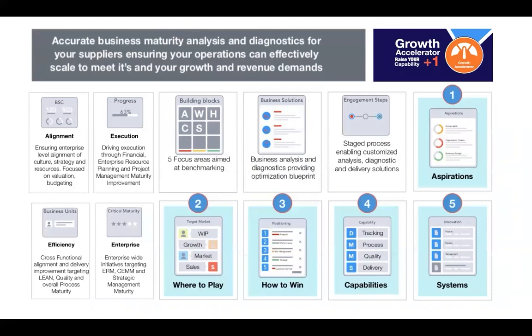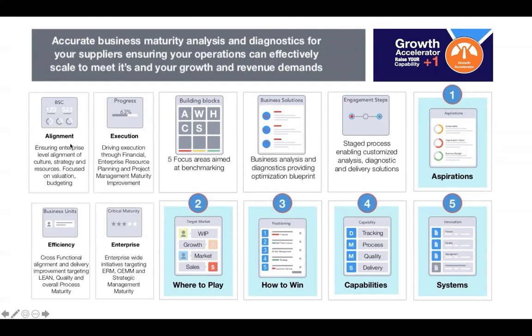The Growth Accelerator specifically focuses on achieving alignment, ensuring enterprise level alignment to culture, strategy, and resources, focusing on execution, so driving execution through financial enterprise resource planning and project management maturity, efficiency, looking at cross-functional alignment and delivery improvement, and on enterprise-wide initiatives targeting ERM, CEMM, and strategic management maturity.